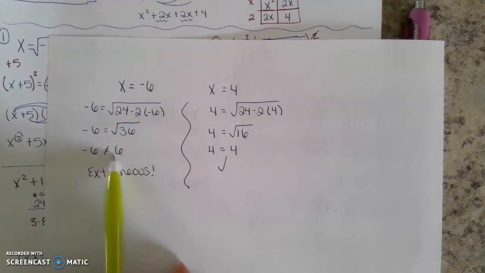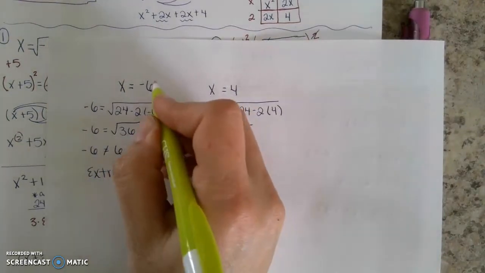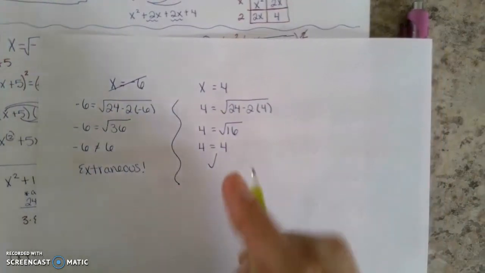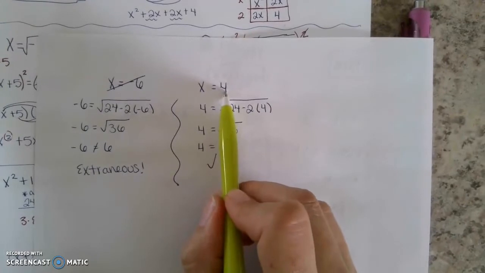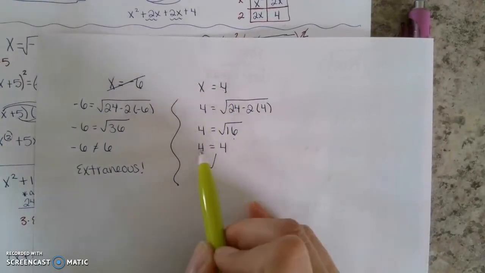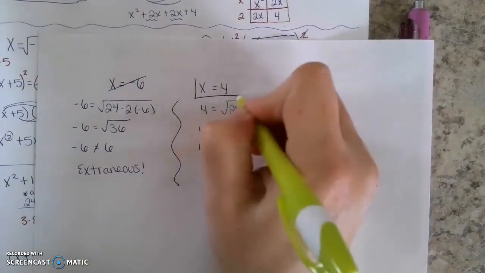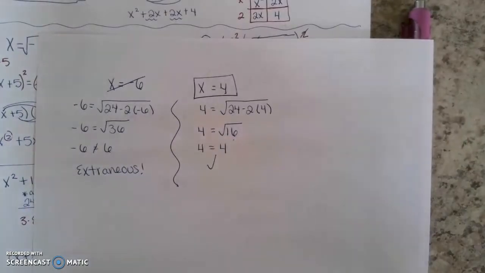This is not true, so this is an extraneous solution. This cannot be part of my answer. However, when we plug in positive 4, when we simplify this, we get to the end where 4 equals 4. This is true, so x equals 4 would be my answer for this problem.